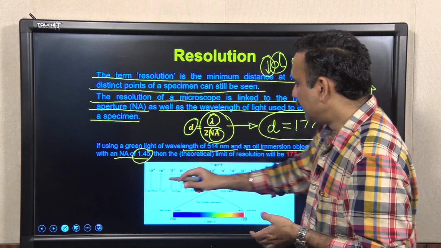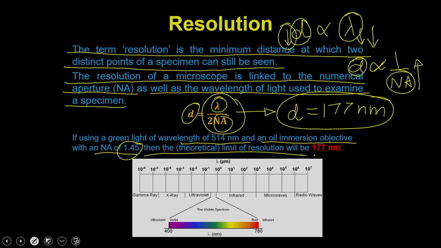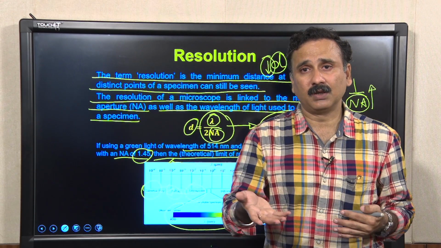If you see the electromagnetic spectrum, the visible light is what you use in the light microscope, and if you go from visible light towards the ultraviolet as well as X-ray and gamma rays, you are decreasing the lambda, and as you decrease the lambda you eventually increase the resolution.